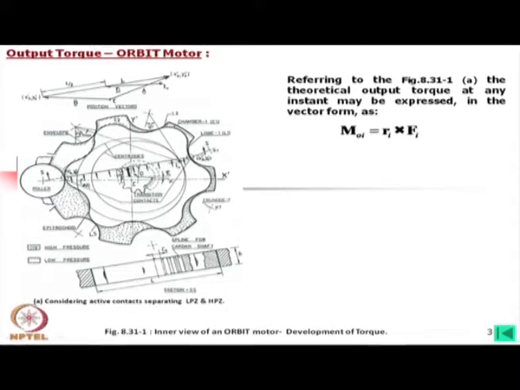Then we can consider the total force acting at the middle of this beam. So, equivalent force. Now, the torque must be equal to this equivalent force F_i into the distance R_i, which is from the instantaneous center of rotation.